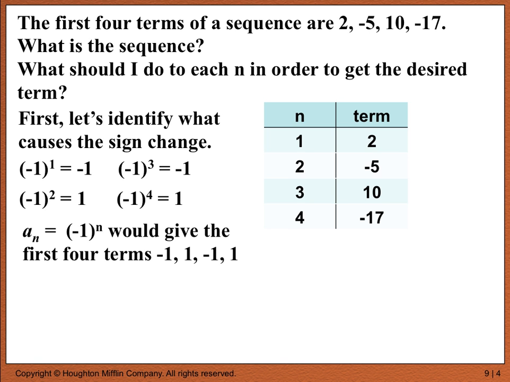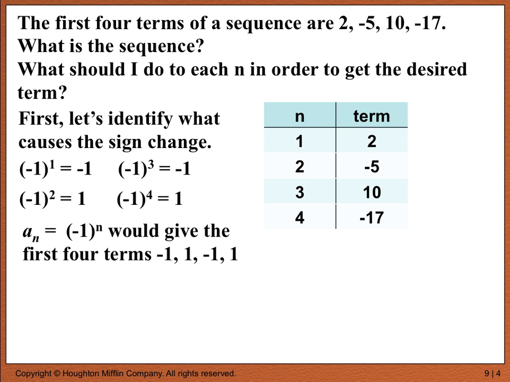Remember that we're only working on the sign change part of this sequence, and we're not worrying about the numbers yet. That's how we're doing this step by step. So obviously a sub n equals -1 to the n isn't going to give you the final answer, but it might help you get to the cause of the alternating sign.